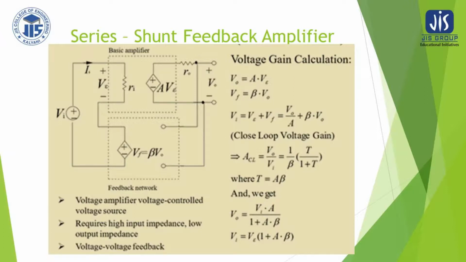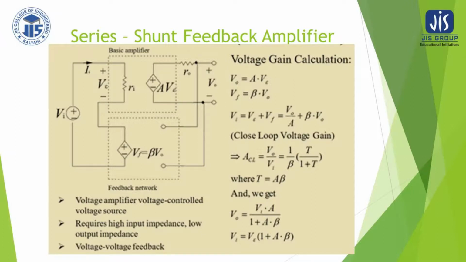At the input loop, again we write the KVL: minus Vs plus Vi plus Vf equal to 0, or Vs is equal to Vi plus, instead of Vf we already have written beta V0. Now what is V0? AV into Vi. So it is beta into AV into Vi.